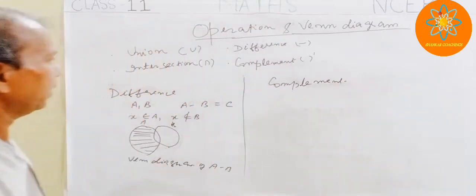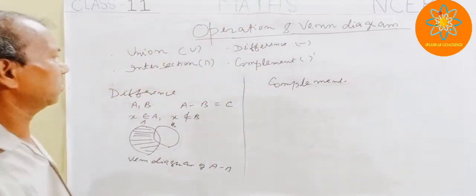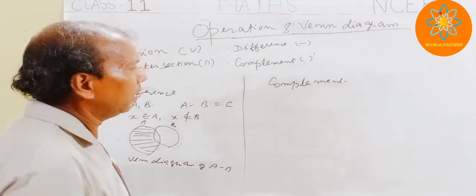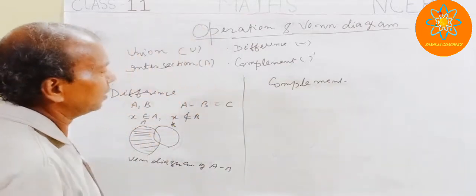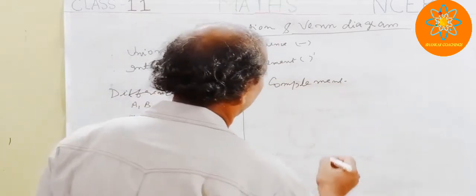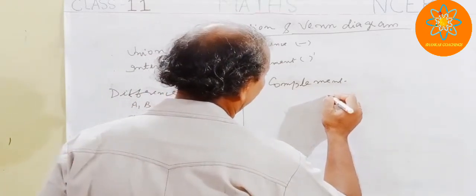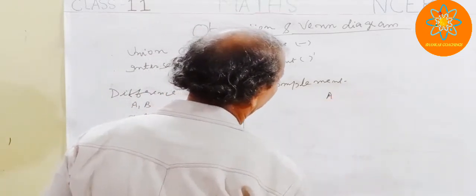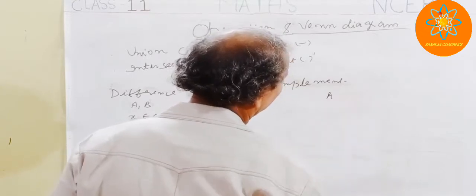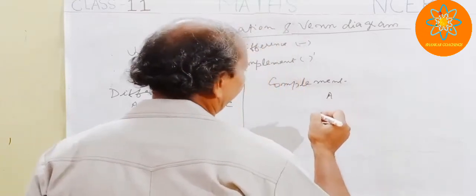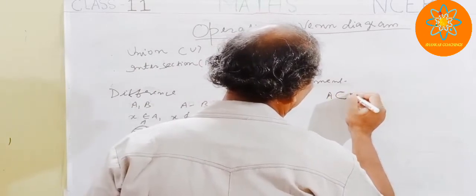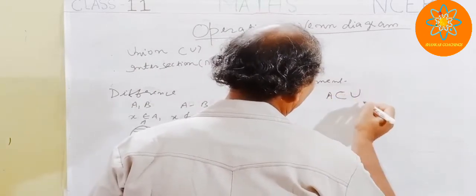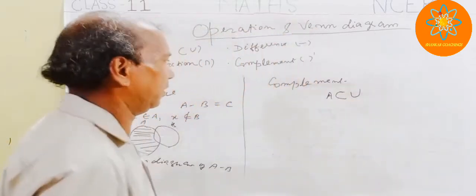In the complement case, you must remember always that there must be a universal set. Suppose a set A is there, and this set A is a subset of the universal set.